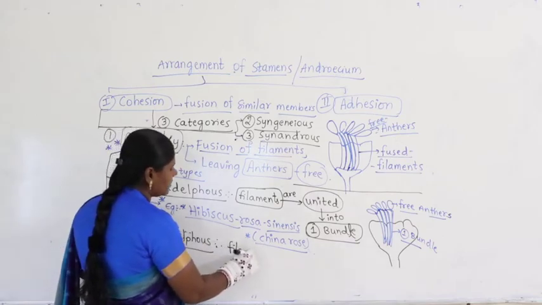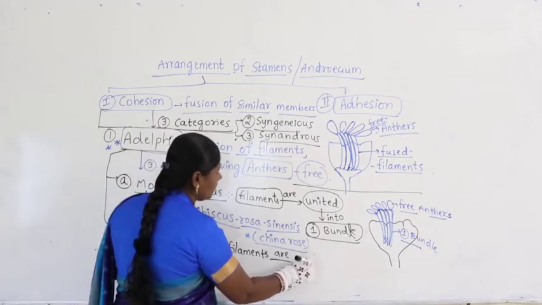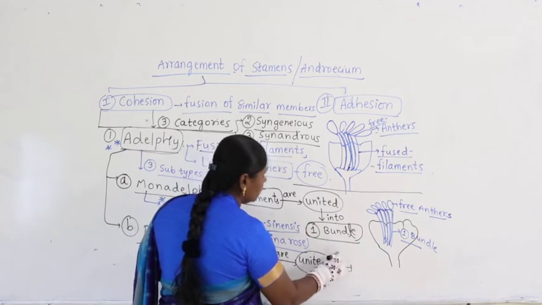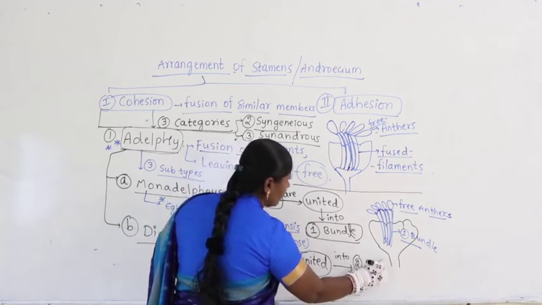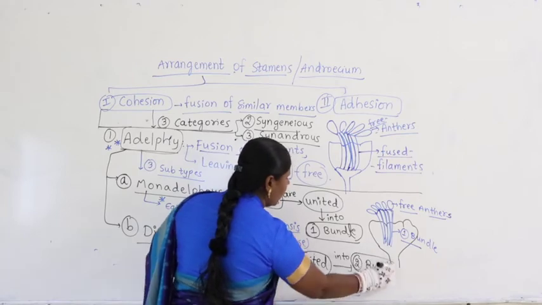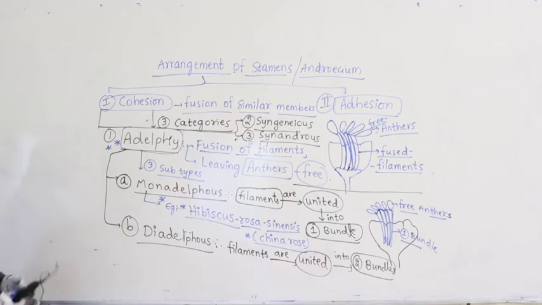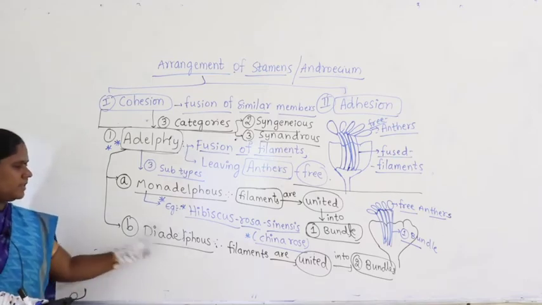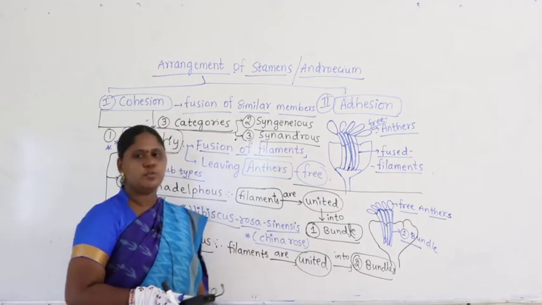All filaments are united or joined, fused into 2 bundles. How many bundles? 2 bundles. Again I repeat, Diadelphous. Di means 2 bundles. All filaments are joined, united into 2 bundles.